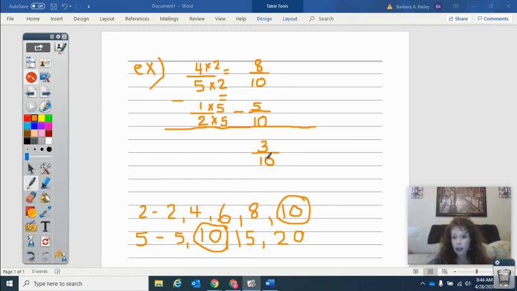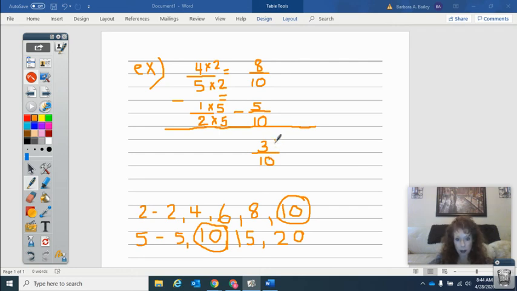Now I have to ask myself, is this in simplest form? Is that my final answer, or do I need to simplify? Is there a factor that can be divided into 3 and can also be divided into 10? A common factor, the same number? And the answer is no. The only number that can go into 3 evenly that also goes into 10 is the number 1. And if we divide by 1, we're still going to get 3/10.